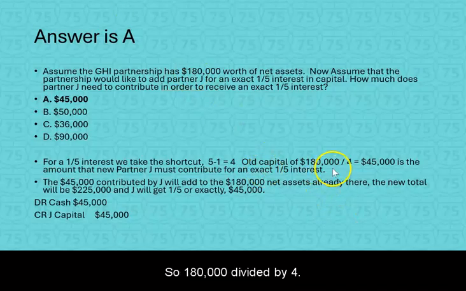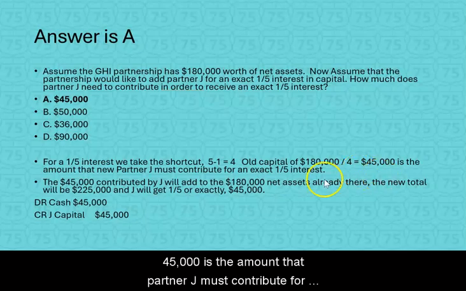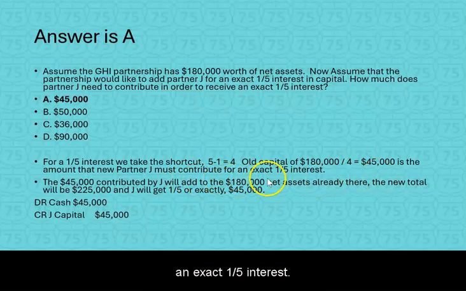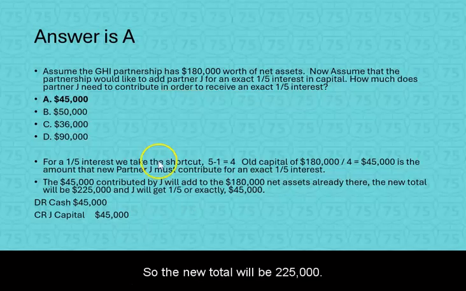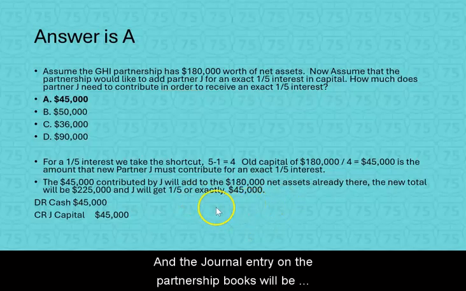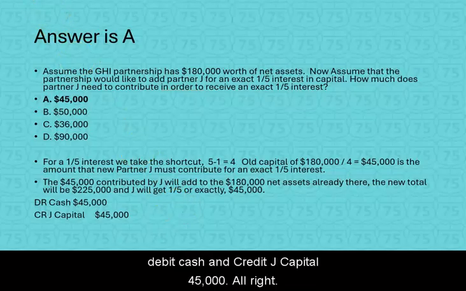So 180,000 divided by 4, 45,000 is the amount that partner J must contribute for an exact 1/5 interest. And the 45,000 contributed by J will add to the 180,000 already there, so the new total will be 225,000, and 1/5 of that is 45,000. And the journal entry on the partnership books will be debit cash and credit J capital 45,000.